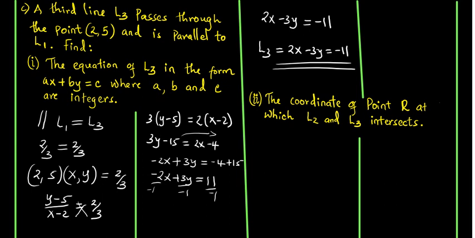The last part of the question: the coordinate of point R at which L2 and L3 intersect. When two lines intersect, the values of the x and y coordinates should be equal in the two lines.